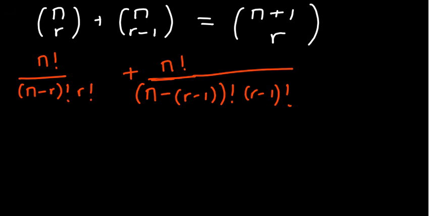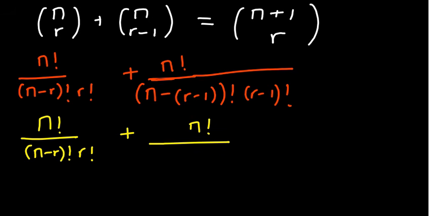So now I can simplify it to the next step. n factorial over n minus r factorial plus n factorial over, now if we subtract what's in the bracket there, r will become negative, 1 will become positive, so you have n minus r plus 1 factorial, r minus 1 factorial.